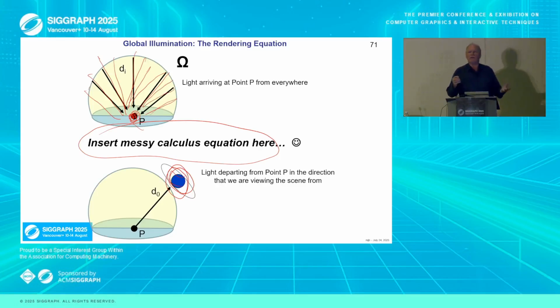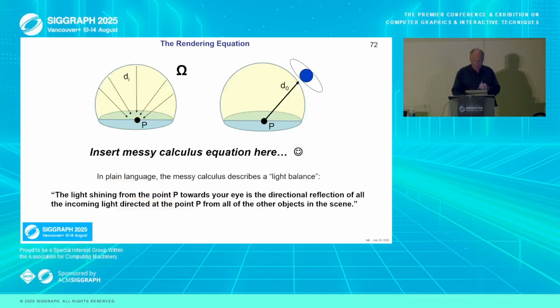So all the other things in the scene, light sources, other objects, they are bouncing light, and it's all being collected at that one point P. And that one point P then is reflecting it. Now, when things reflect light, they typically reflect it in kind of a pattern like this, but we don't care. We only care what we can see from the place we're viewing the scene. But as you can imagine, the math behind that is pretty significant, but the images you get out of it are beautiful.